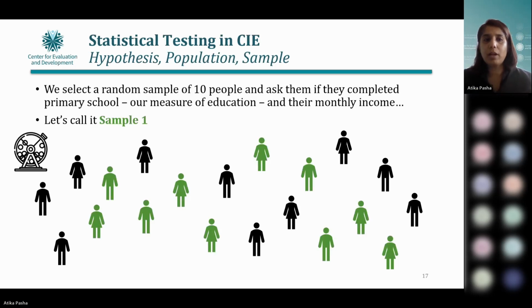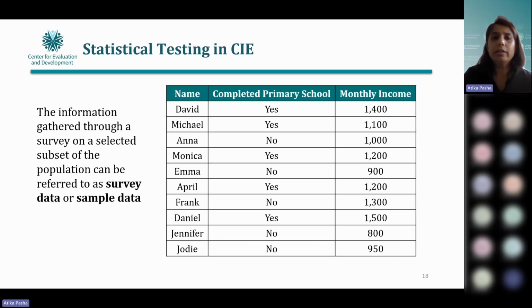Then, in this case, we randomly pick 10 individuals and ask them if they completed primary school as our measure of education, and simultaneously ask them what their monthly income is. Everyone in green here represents our sample 1. This is what our sample 1 looks like. You have the names of these individuals, whether they have completed primary schooling or not, and what their monthly income is.